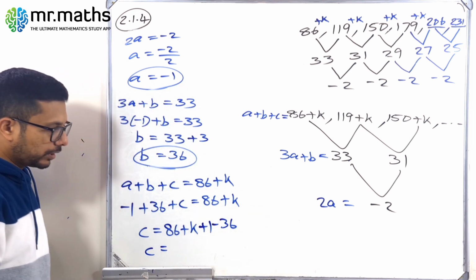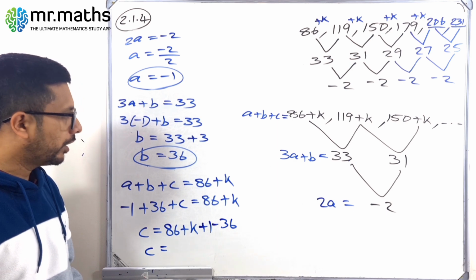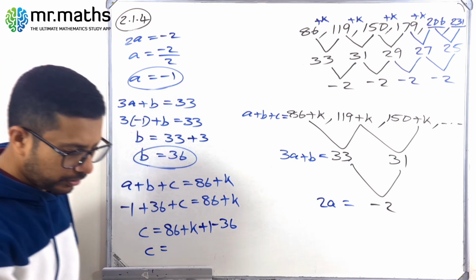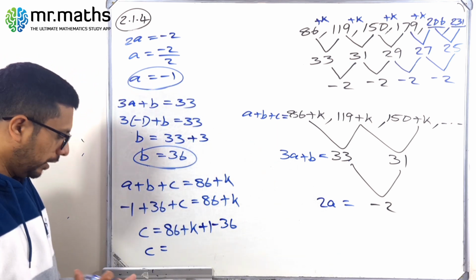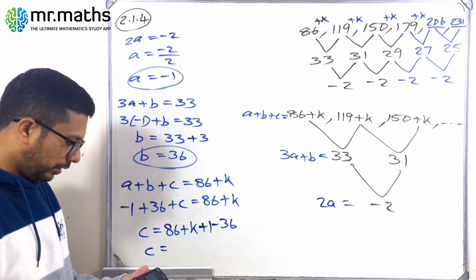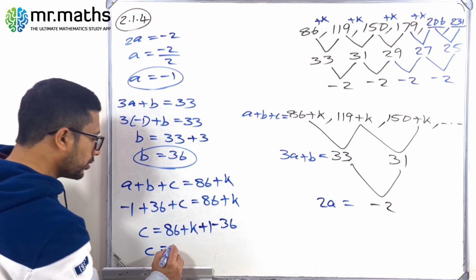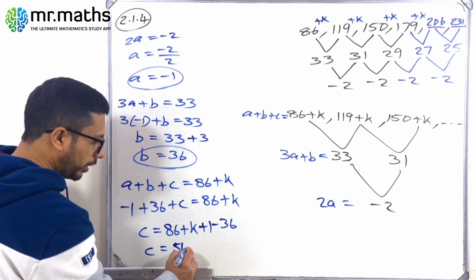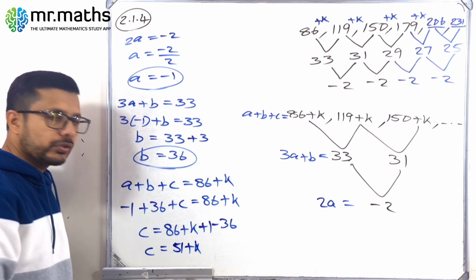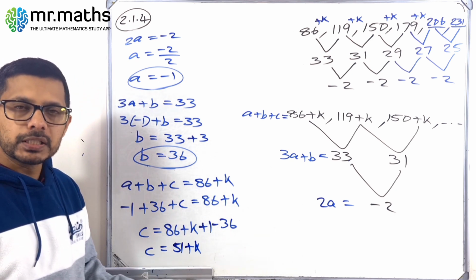So check in your calculator, what is 87 minus 36. I hope you will get 51. You can check in your calculator, guys. 86 plus 1 minus 36, 51. Yeah, same thing. So it is 51. Then don't forget this plus k. Can you see that only the c value changes, 51 plus k.